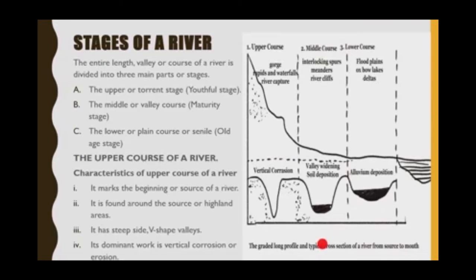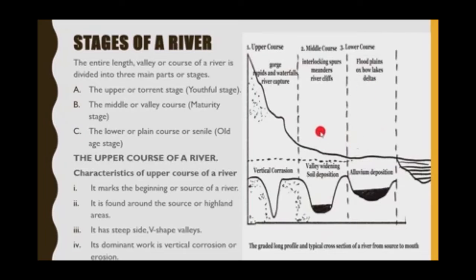Now, stages of a river. The entire length, valley, or course of a river is divided into 3 main parts or stages. A is the upper course of the river, like this one, the upper course of the river. B is the middle course of the river, and then 3 or C is the lower course of a river.